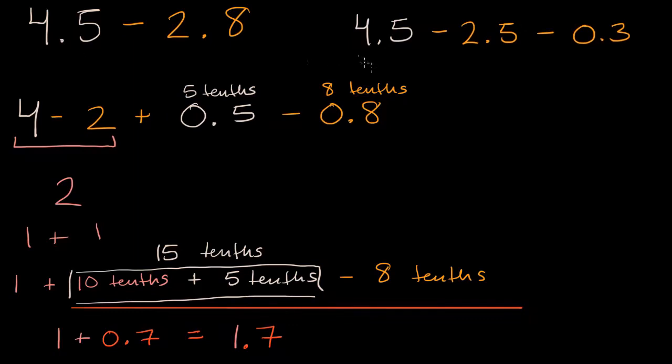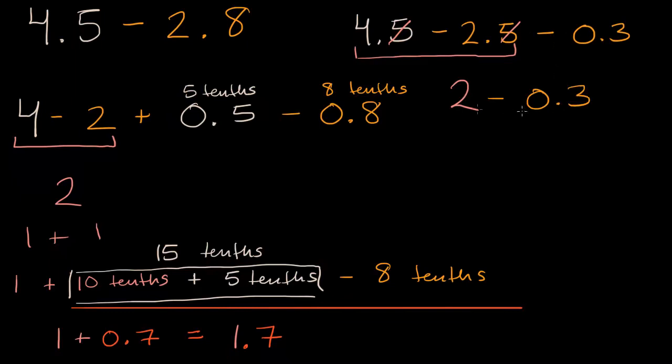Because I find this pretty straightforward to compute, and then once I get that answer, I just have to take away 3 tenths. So if I have 5 tenths here and I'm taking away 5 tenths, those are going to knock each other out. And so I'm just going to be left with 4 minus 2, which is going to be 2. And then I have to take away the 3 tenths. And this is a pretty straightforward way of doing it in your head.